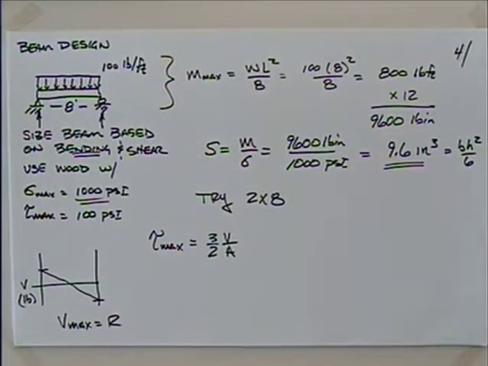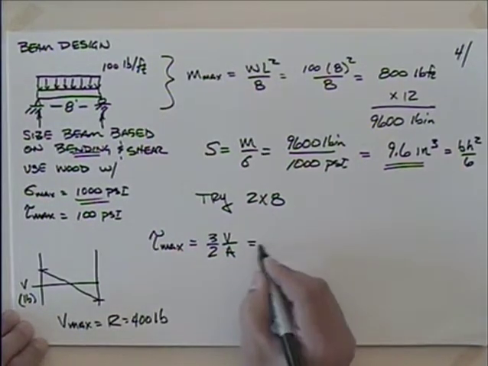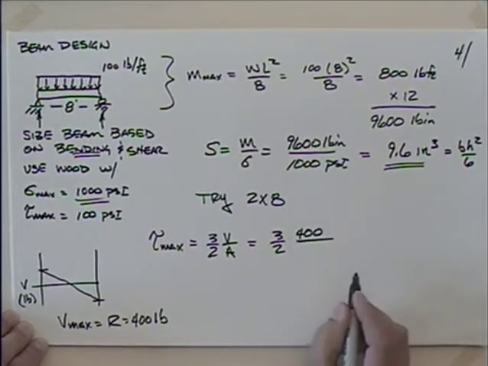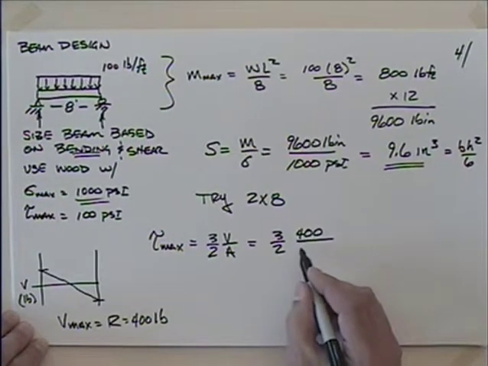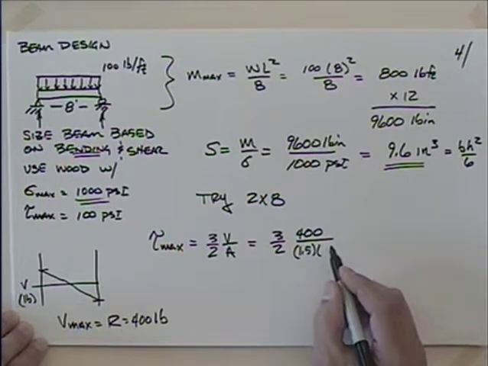Well, it's 8 feet long. We've got a total load of 800 pounds, so this had better be 400 pounds. So I can say that I have 3/2 times 400 divided by the area, which for a 2 by 8 is going to be 1.5 times 7 1/4.